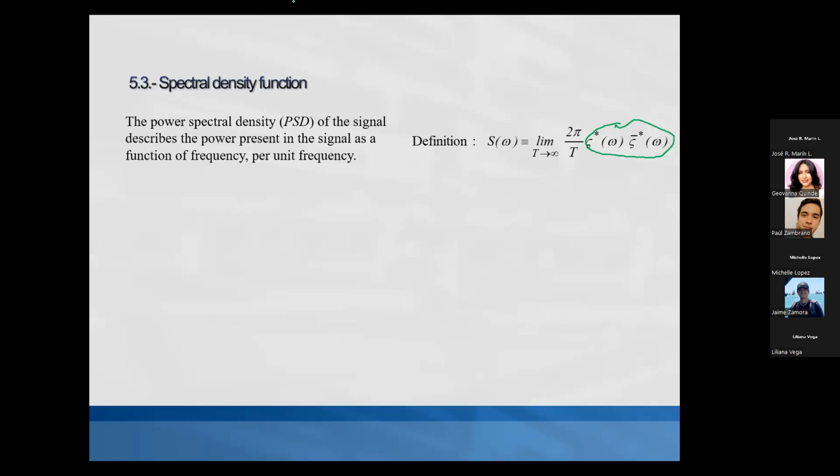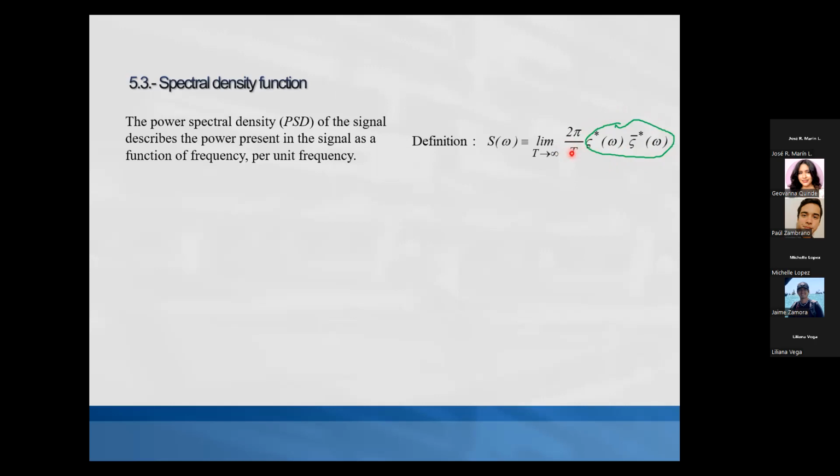Yes. So basically, what we're saying here is that you measure the wave elevation, or the surface elevation, over a certain time. You see that you have to take a very long time, because it says that you have to take the limit as the time goes to infinity. Of course, we cannot wait that much, so it has to be a very long period of time. You Fourier transform that signal, take the amplitude, and divide it by the time length.